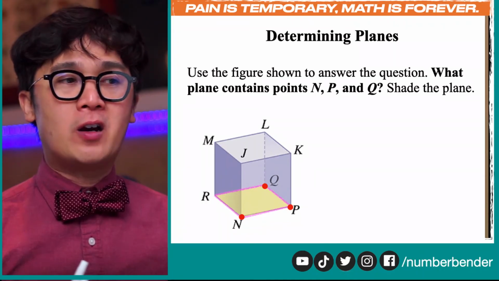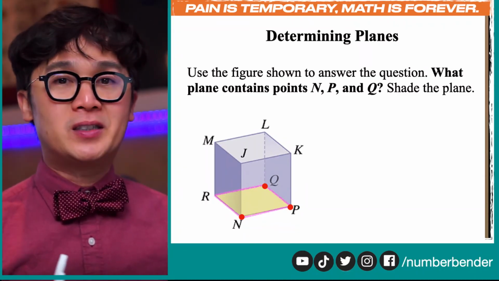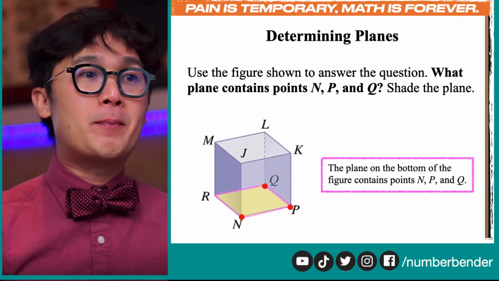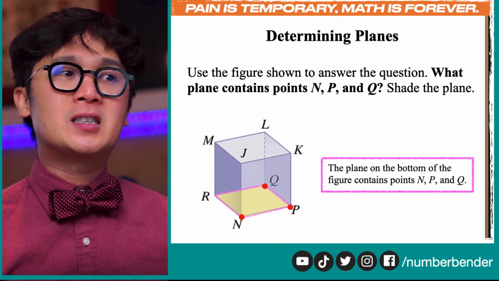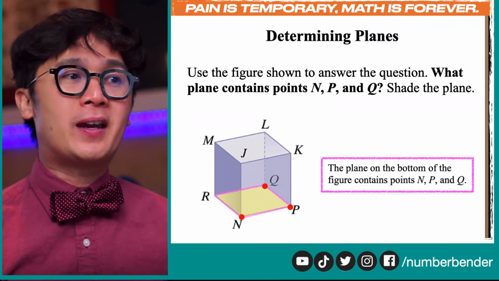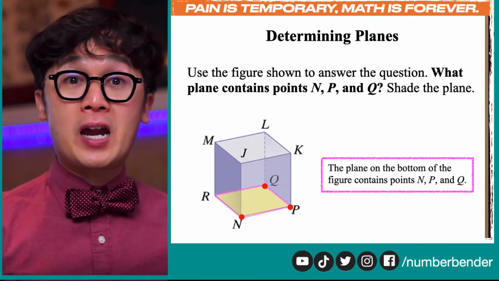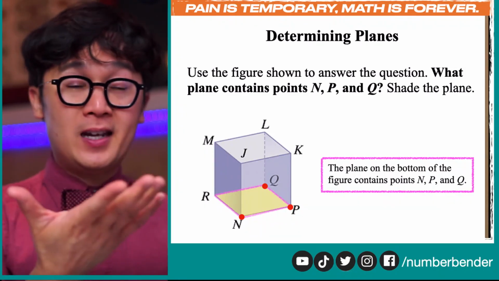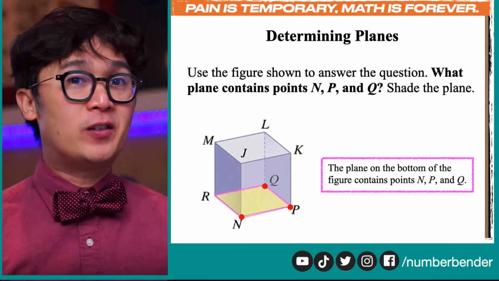So now we know where those points lie, and those points are in that particular plane. So the plane on the bottom of the figure contains N, P, and Q, and we can name that plane as plane RNQ, or plane QPN, or plane RNP. So that's how we are able to describe this illustration by understanding the symbols that we have learned in geometry.